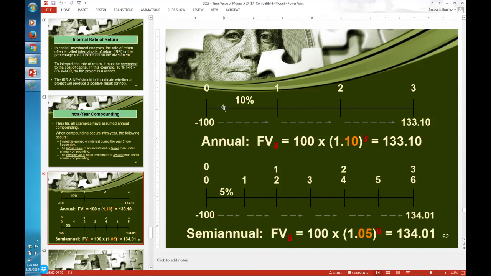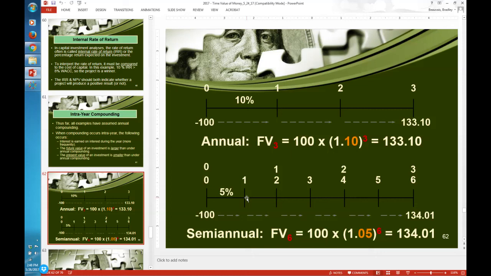But notice as well, instead of a 10% value across that entire year, now it's 5% intra-year. So 5% in the first 6 months, 5% in the second 6 months, so on and so forth as we hop along the timeline. Okay, so that 10 in our calculations is cut in half. And notice we have a slightly larger valuation, because we're compounding more often.